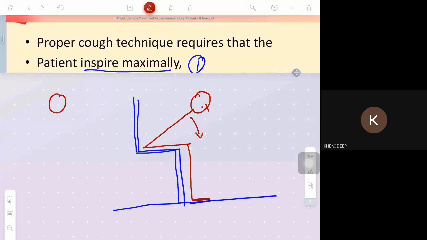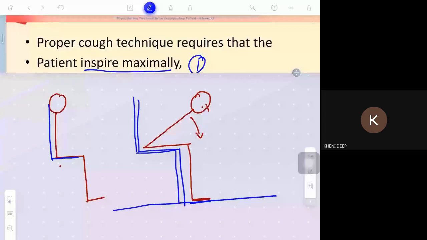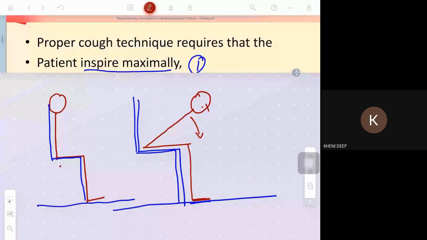If the patient is sitting like this, and if the patient is bending forward, what will happen?